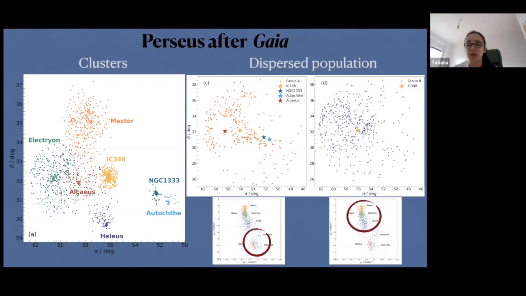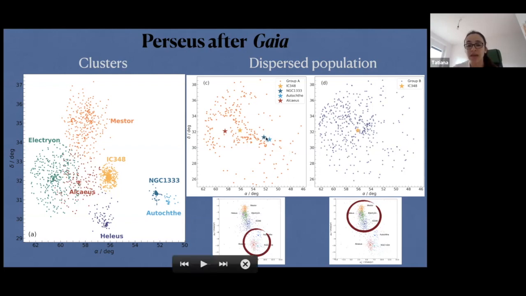So I'm not going to talk a lot about the dispersed population because it's even harder to get the membership of members. But here in orange, I show sources that would move with this clump over here, which includes NGC, Autochthy, and Alkeos.